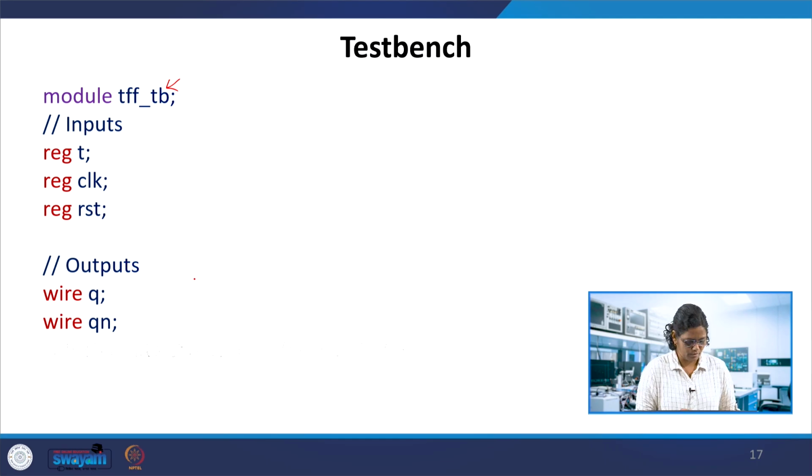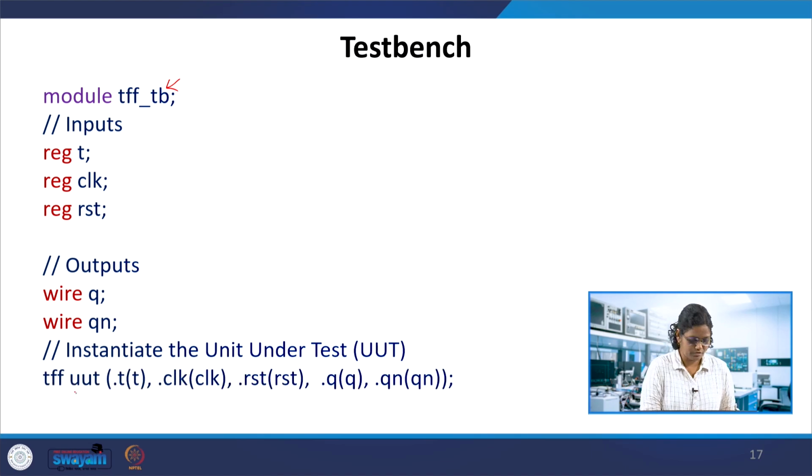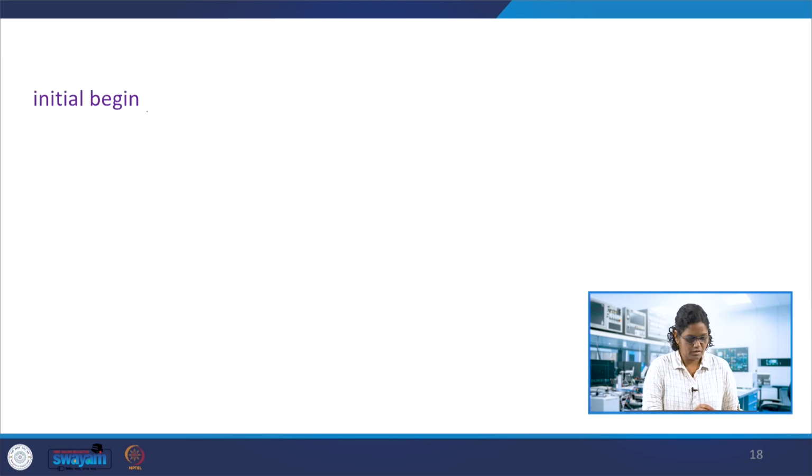Instantiate the T flip-flop, TFF UUT, which has T, clock, reset, Q and Qn. You can see this T flip-flop is the module. Just now we had written that Verilog module, which instantiated the D flip-flop inside.